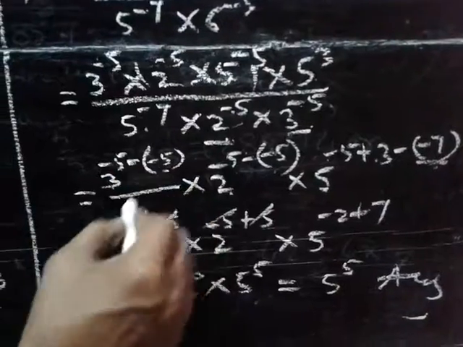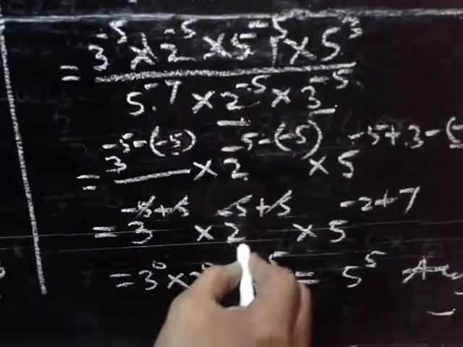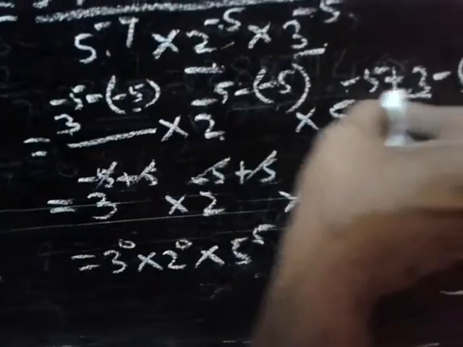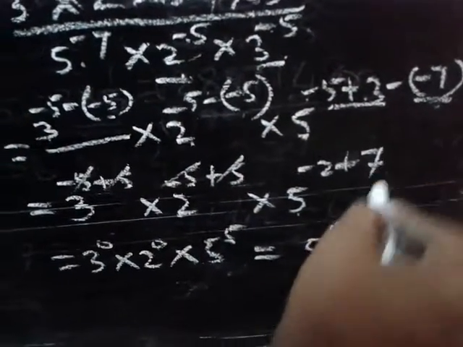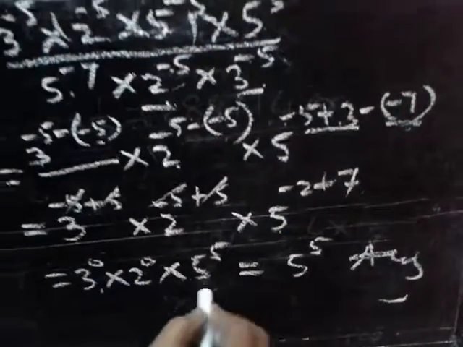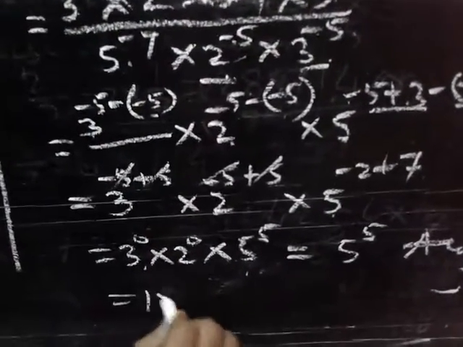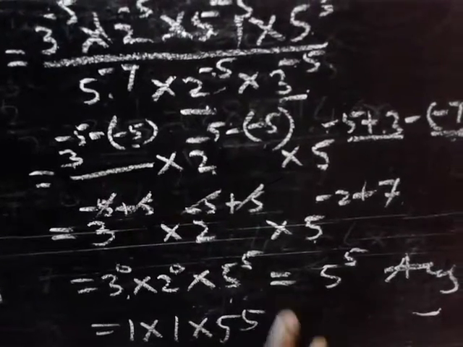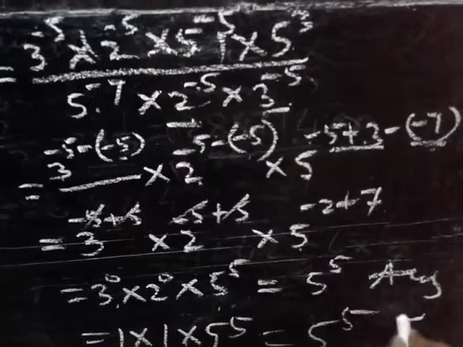So it has come 2 to the power minus 5 plus 5, 5 to the power minus 5 plus 3 plus 7. So it has come 3 to the power 0, 2 to the power 0, and 5 to the power 5. So you know this is 1 into 1 into 5 to the power 5, and this is actually 5 to the power 5, your answer.